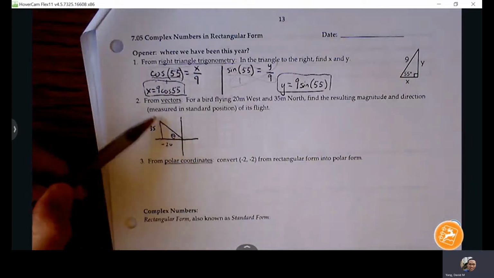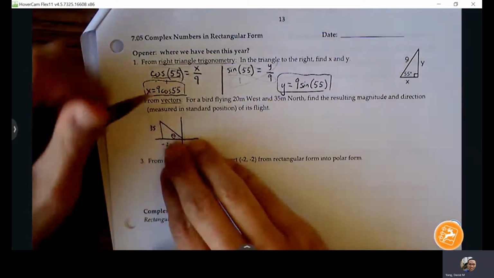Magnitude would just be finding the hypotenuse, right? A squared plus B squared equals C squared.